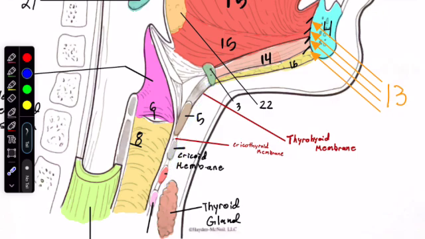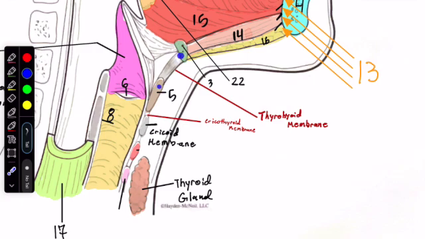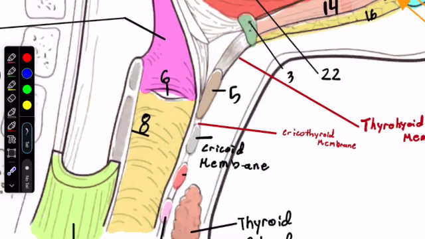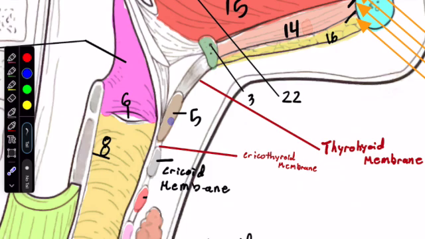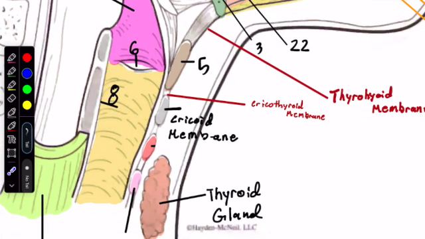So, if you're going to combine like the membrane between two things, a lot of these terms you'll see will throw like an O between the two. So you'll see here in a second. So, thyrohyoid membrane. It's going to be your thyroid cartilage.